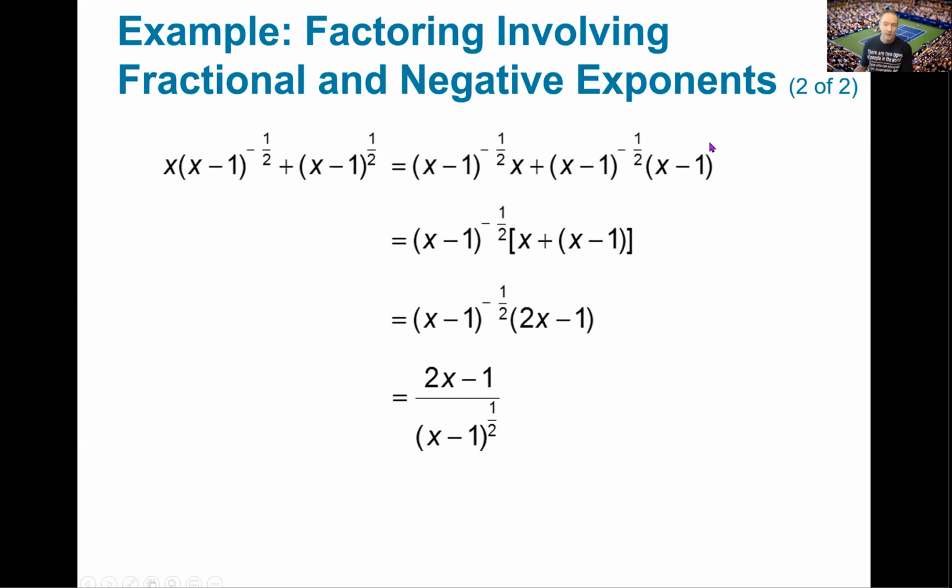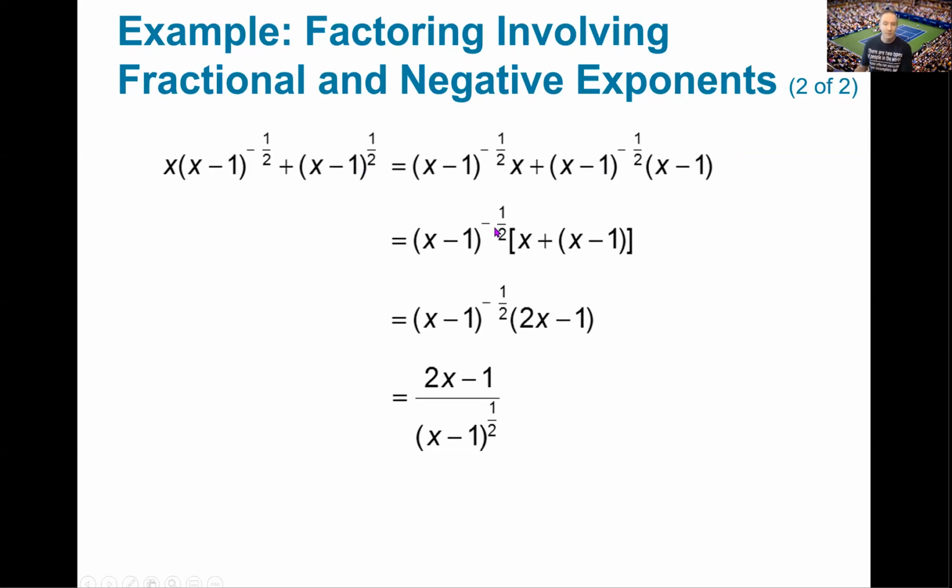Notice if I multiply x minus 1 to the negative 1/2 times x minus 1 to the first, I would have to multiply like bases, so I would add their exponents. This gives you back the group x minus 1 to the positive 1/2, because negative 1/2 plus 1 would be positive 1/2.